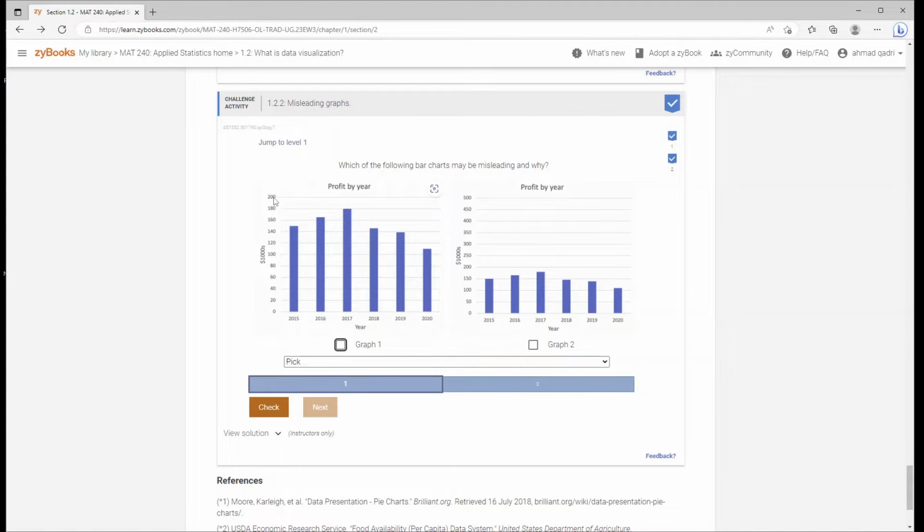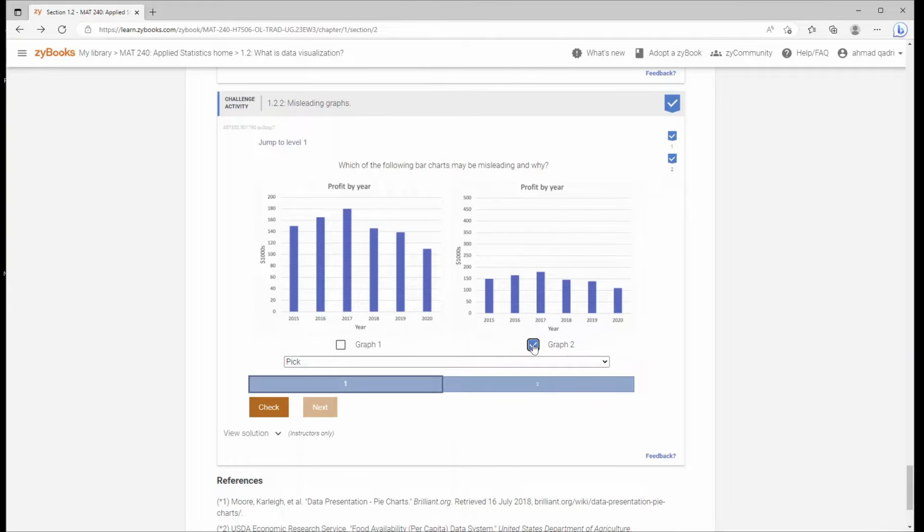With the maximum being 200, you can clearly see the differences in the bars here, whereas here, you can't see those differences very well. And you do not really need a maximum of 500 here because the maximum bar height here tends to be between 150 and 200. And so therefore, this is the misleading graph.